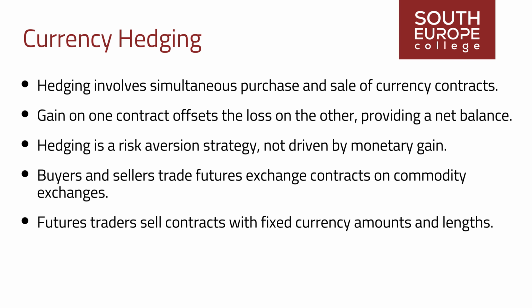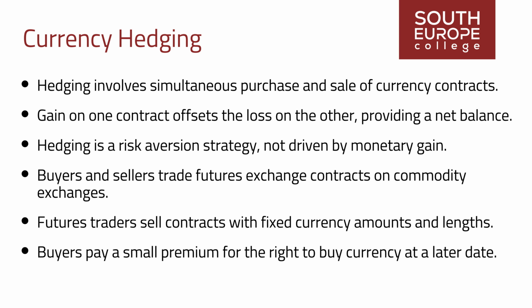Futures traders sell futures contracts in fixed currency amounts with fixed contract lengths. Options to buy or sell a currency at a certain exchange rate are also available to buyers. Options may be used to lock in favorable rates during negotiations or anytime a purchaser is anticipating the purchase of an item from a specific country. The buyer pays a small premium to have the right to buy the currency at a later date.